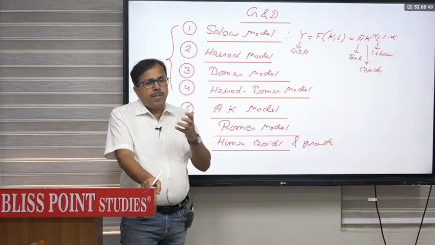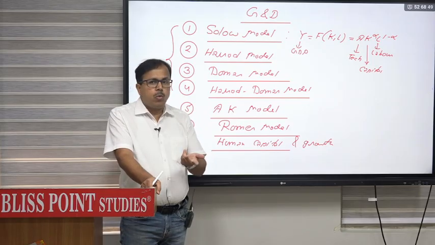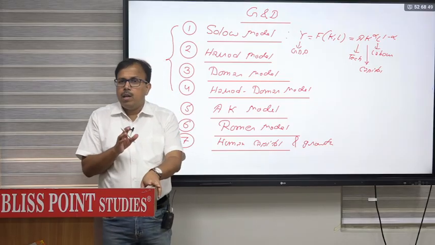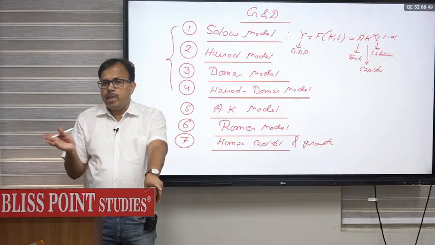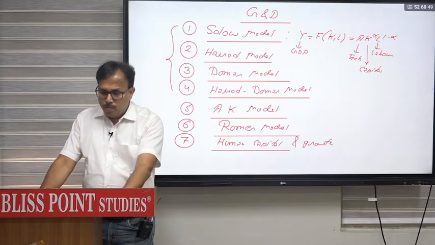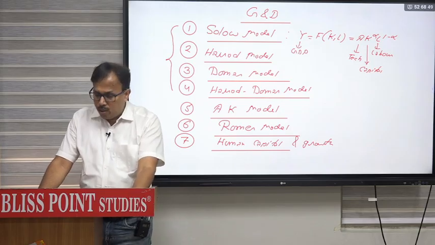To accumulate physical capital we require saving, and to accumulate human capital also we require saving. One part of the saving will go to accumulate physical capital, and another part will go to accumulate human capital. So human capital will be highlighted in that model. These are examples of the endogenous growth model.